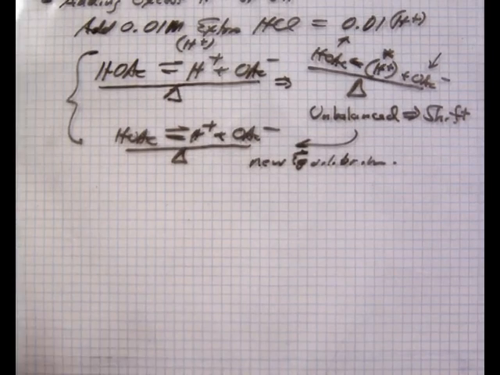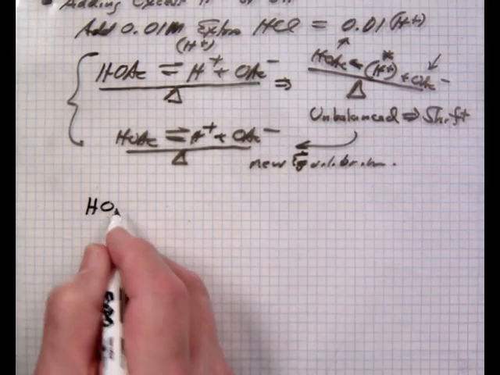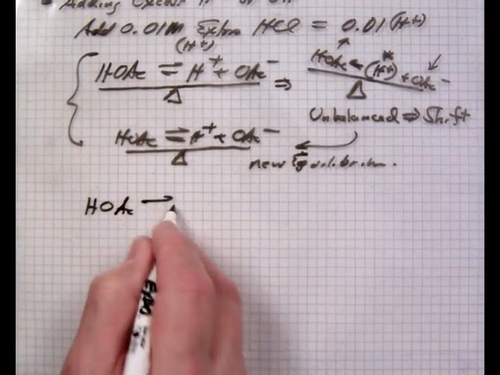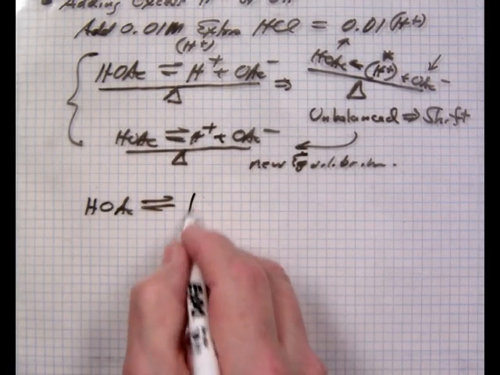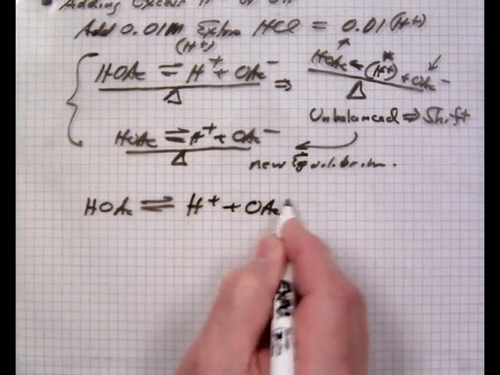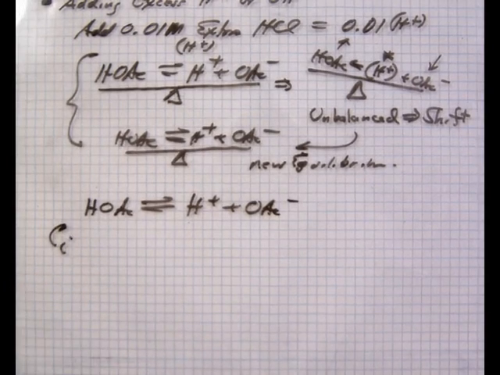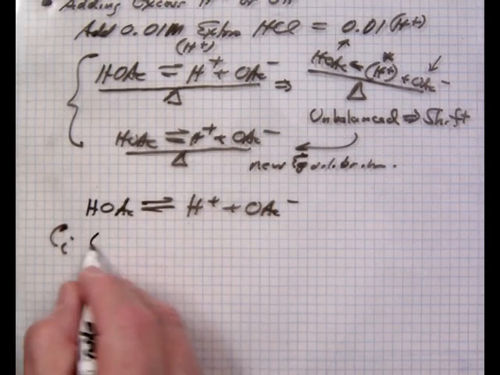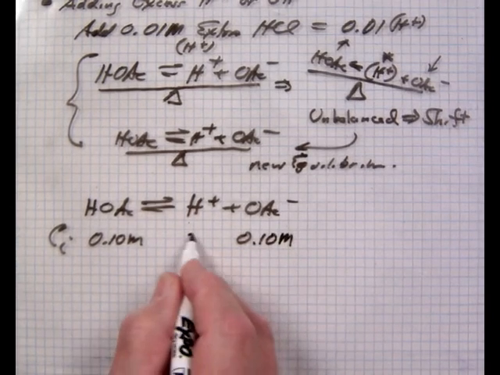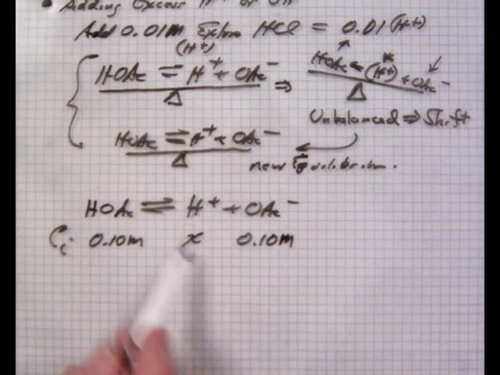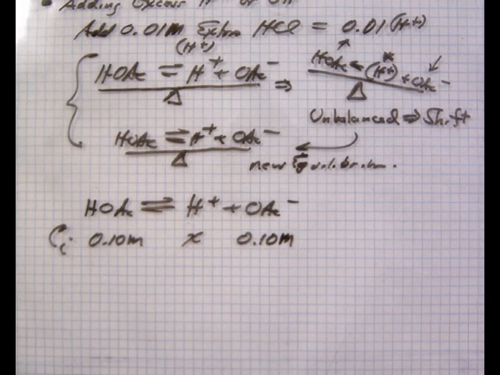So when you set this up, you want to set up a buffer problem always around the equilibrium of the weak electrolyte, the weak acid or the weak base, like this. Initially you had 0.10 molar and 0.10 molar. Now you have an X concentration, 10 to the minus 5 mole per liter.